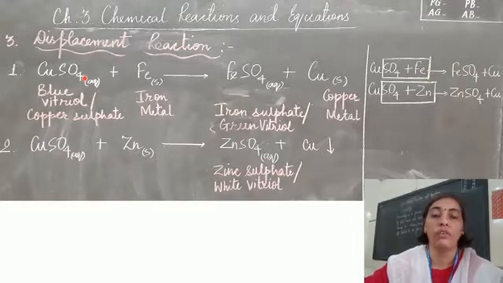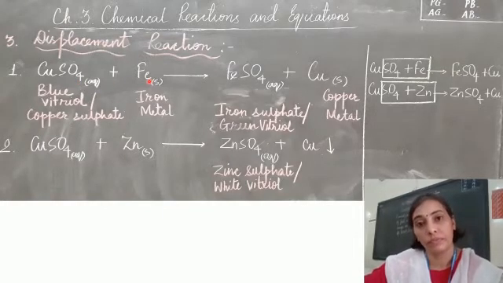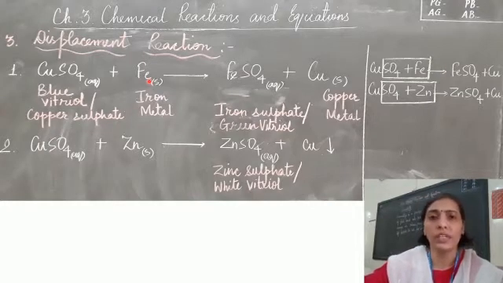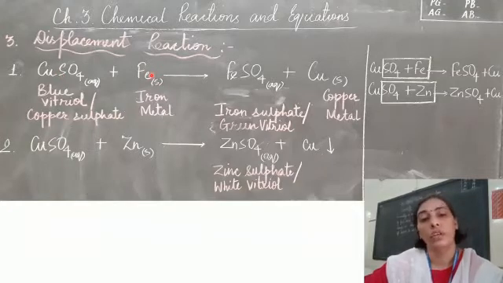If you want, you can refer to the metals and non-metals lesson in our textbook and you will get this series over there. If you see that series, you find that the position of iron is above copper. Copper comes below iron. So this indicates that copper is less reactive and iron is more reactive.